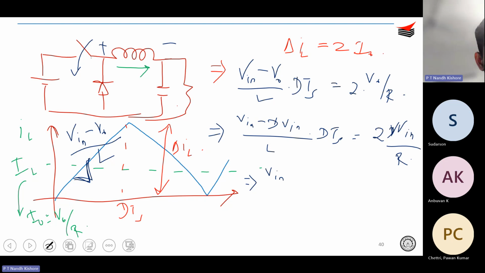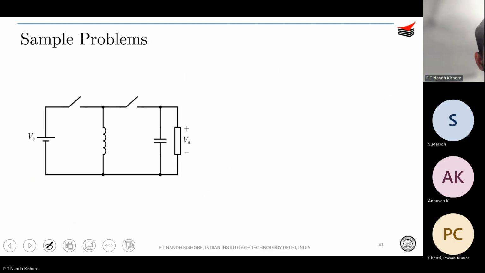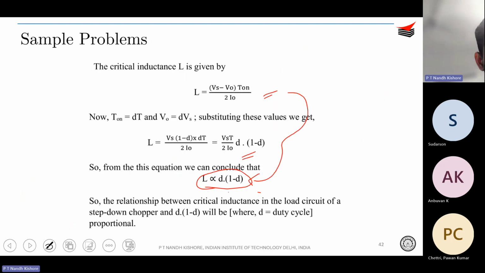So Vin into 1 minus d by L into Fs into d is equal to 2 times d into Vin over R. So that's how you will anyway end up rearranging the terms. You will end up with this.